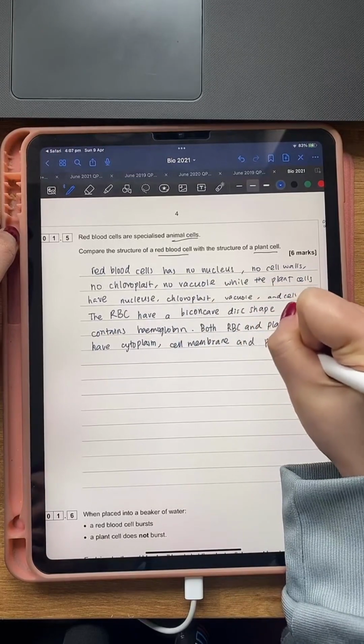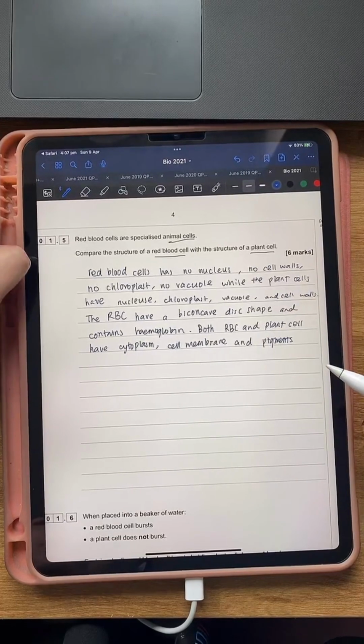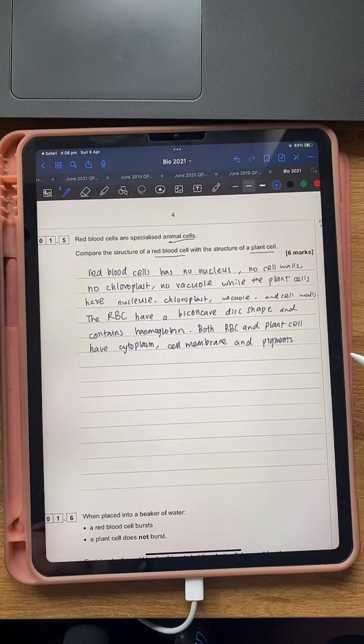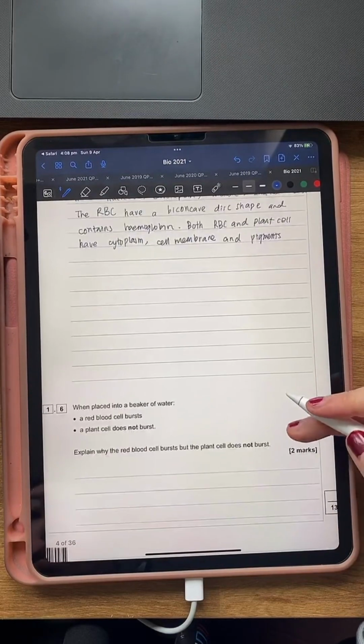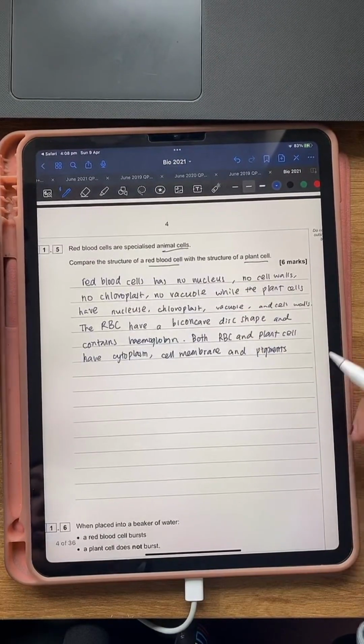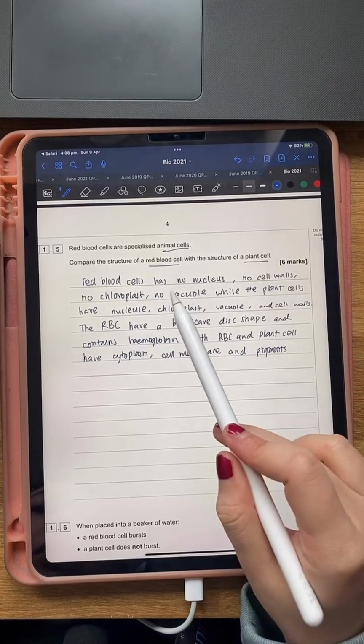For the plant cell, it's green pigments. For the red blood cells, it's red pigments. Okay. So just by saying all of these, you get 6 marks already. You get 1 mark for each difference and for saying 2 similarities.